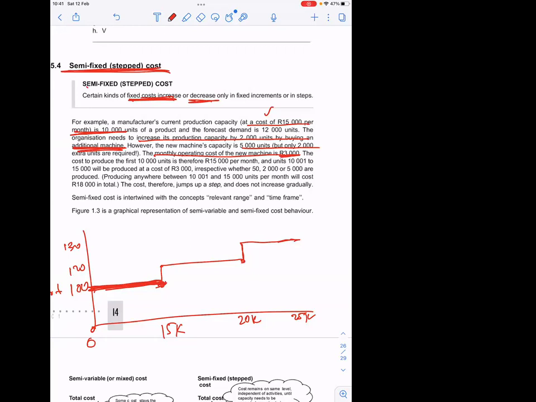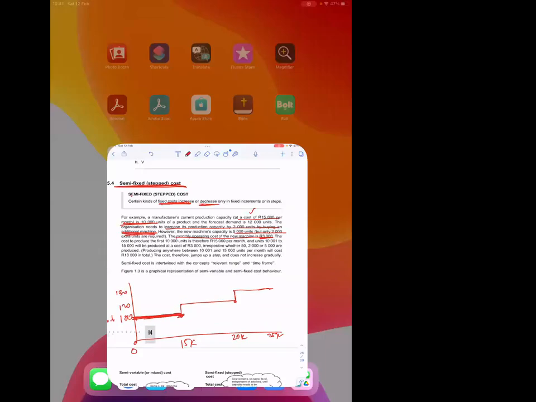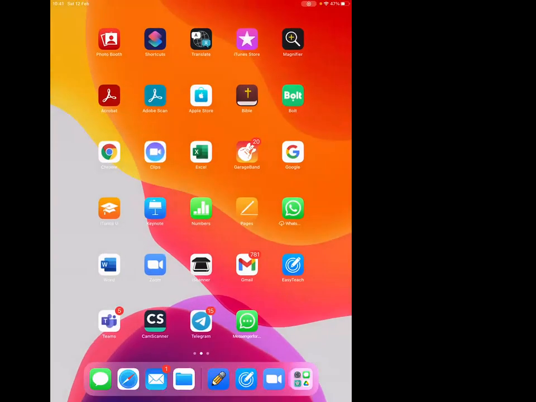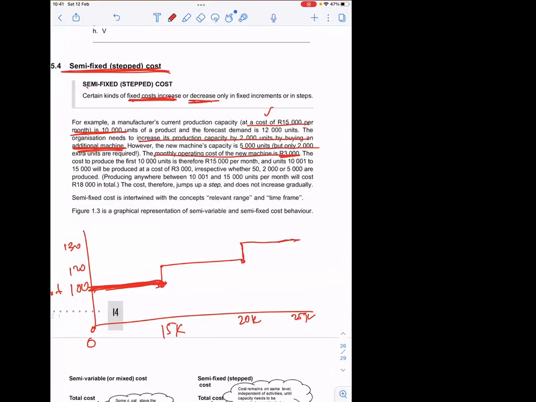And when we buy that additional machine, it will come with its own operating cost, pushing our fixed monthly operating cost a little bit upwards, and we level off like that. The cost to produce the 10,000 units is therefore 15,000 per month, and units 10,001 to 15,000 will be produced at a cost of 3,000. So that's an example of a stepped cost.